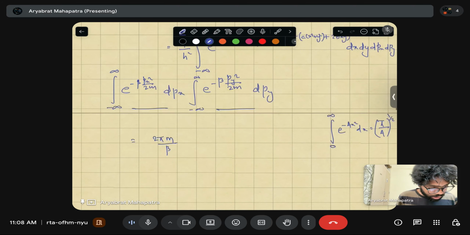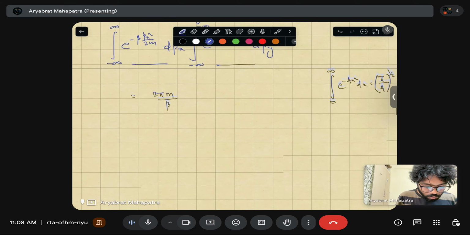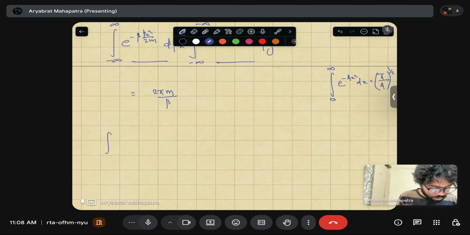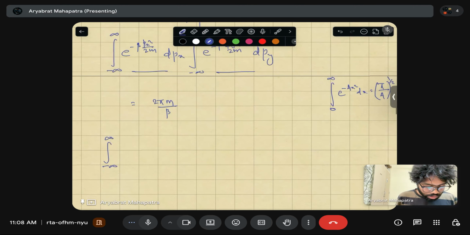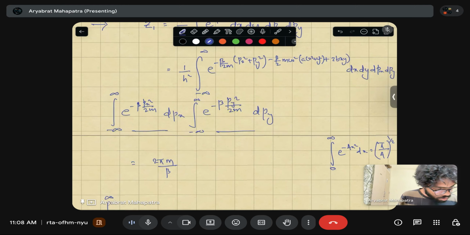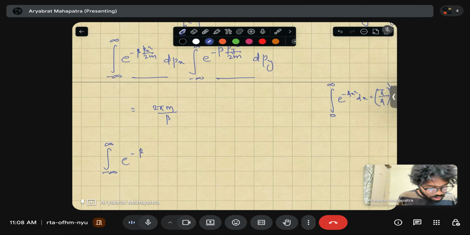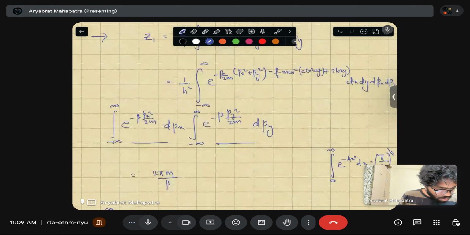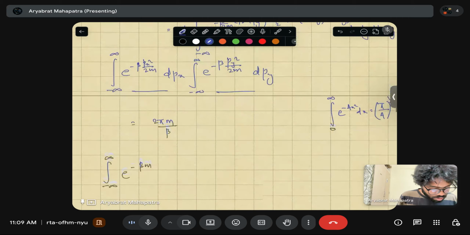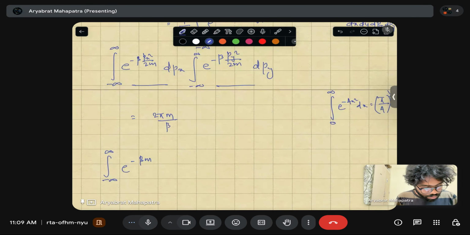Then the position integral also you can solve as follows, from minus infinity to infinity. For that you have exponential minus beta m omega square y square over 2 dy.